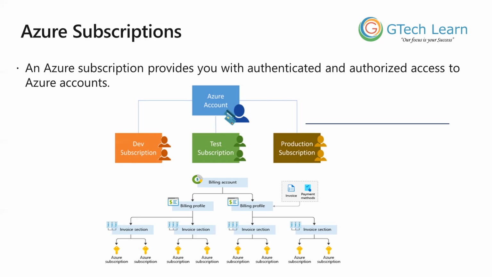For the development and testing team, a different subscription. For each subscription, I will also be generating a different billing report and invoice. So structured organization management is possible by using these subscriptions, because one account can have multiple subscriptions, but vice versa is not possible.